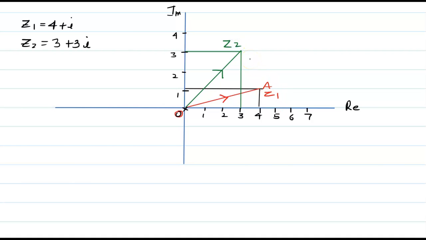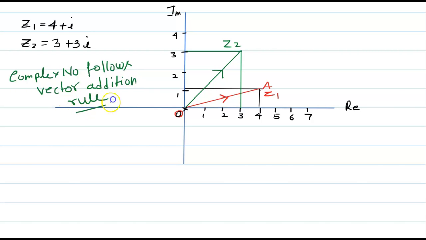Now, as I told you, complex numbers follow the vector addition rule. When we join two vectors, the head of the first vector joins the tail of the other vector.